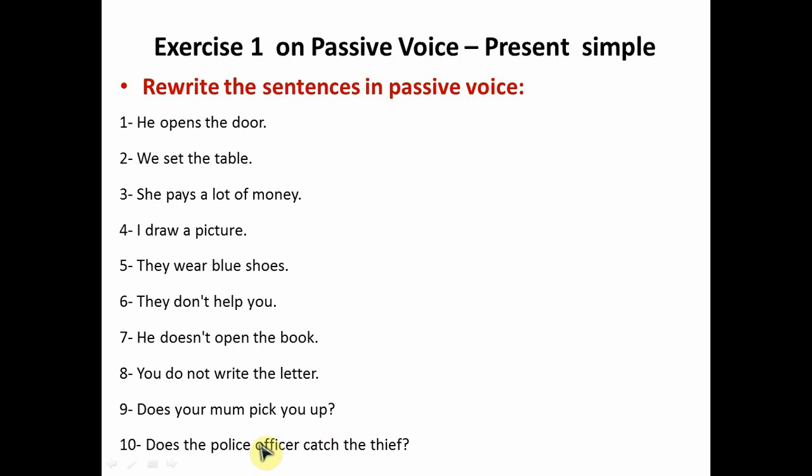So here I have to start with verb to be, then the object of the sentence. So I can say, are you picked up by your mom? Are you picked up? And I can add by your mom.